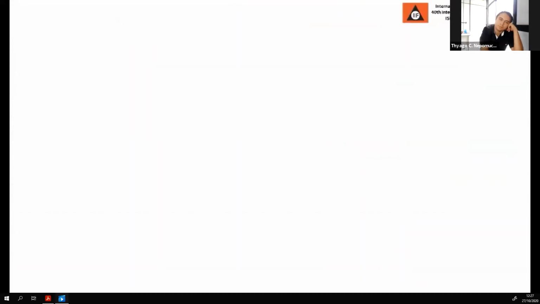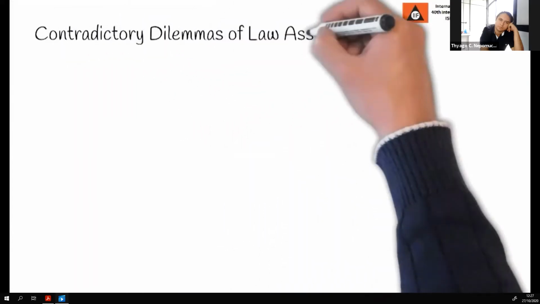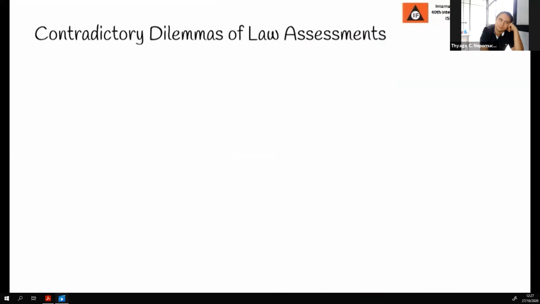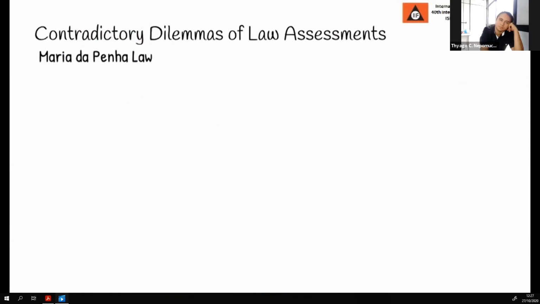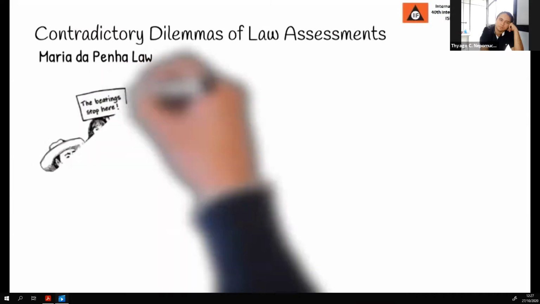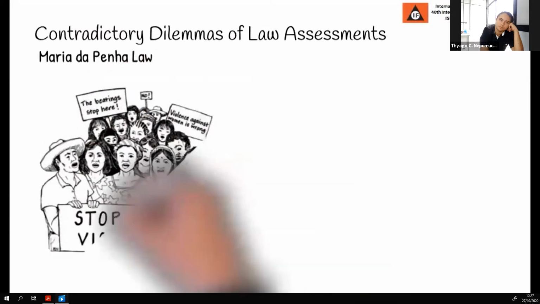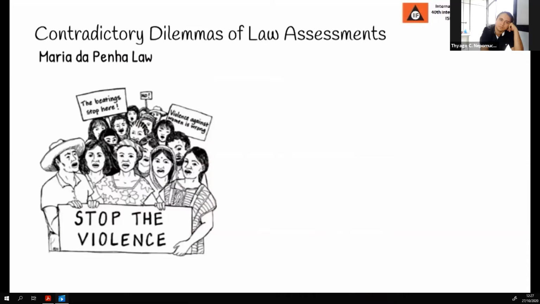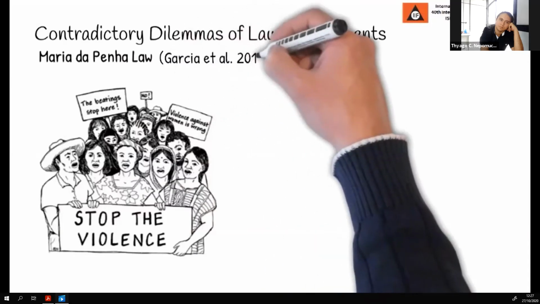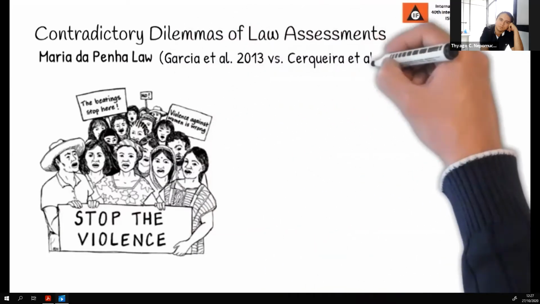Something interesting when we do this kind of analysis is that we are prone to fall into something that we call contradictory dilemmas. Take, for instance, the case of the Maria da Penha Law in Brazil. This law, created in 2006 to prevent domestic violence and female homicides in the country, was the object of a study by Garcia and colleagues in 2013.